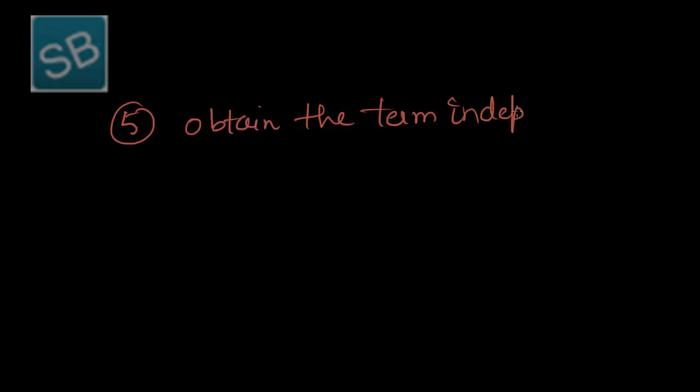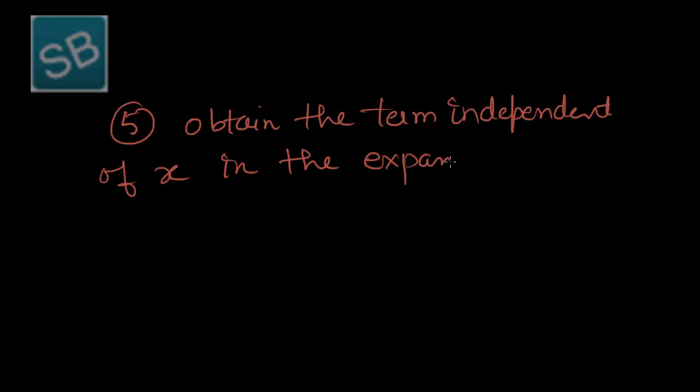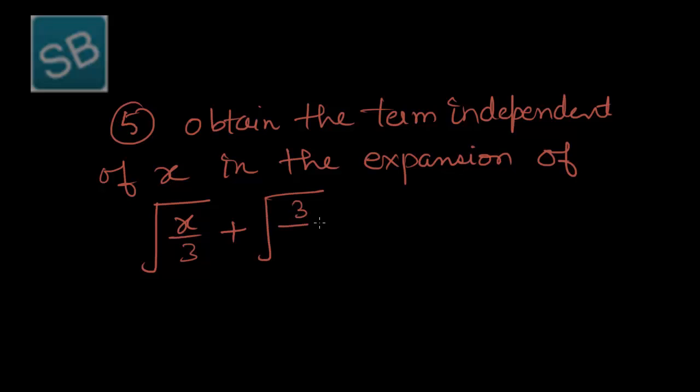Now the next problem is: obtain the term independent of x in the expansion of (under root x over 3 plus under root 3 over 2x square) raised to power 12.